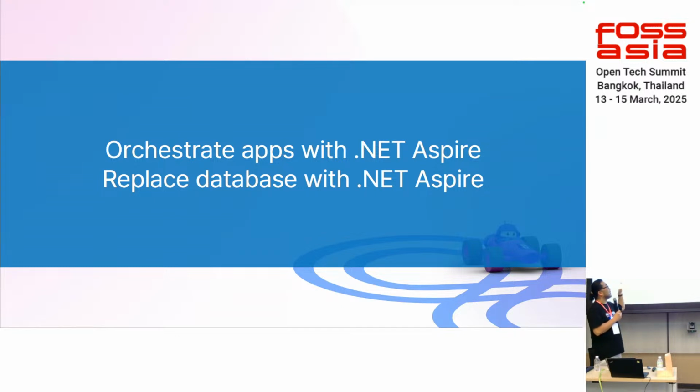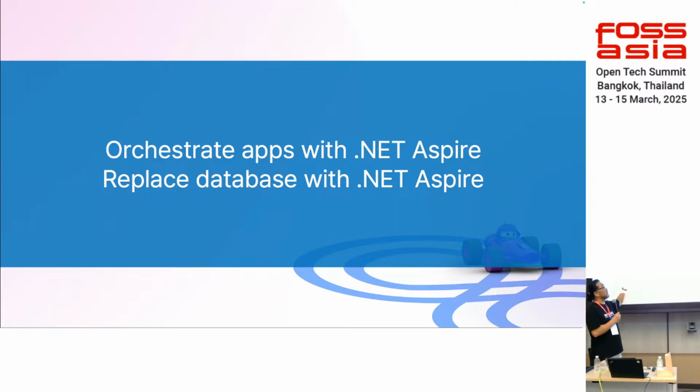In step four, we are practicing how to orchestrate all the containers in .NET Aspire, and as you might have noticed, so far we used a local SQLite database, but at this stage we are replacing the SQLite database with a PostgreSQL container.